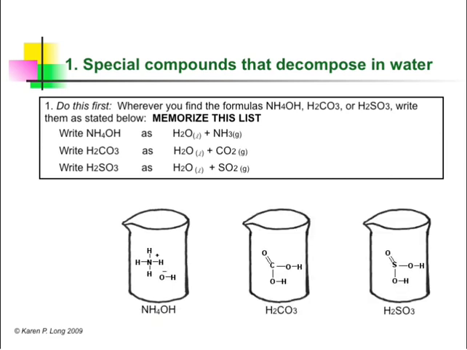The other two substances follow the same principle. Watch the structures in the beakers carefully. And with these, you will also write the gas plus water form in the reality equation, whether the substance is on the reactant side of the reaction equation or the product side.